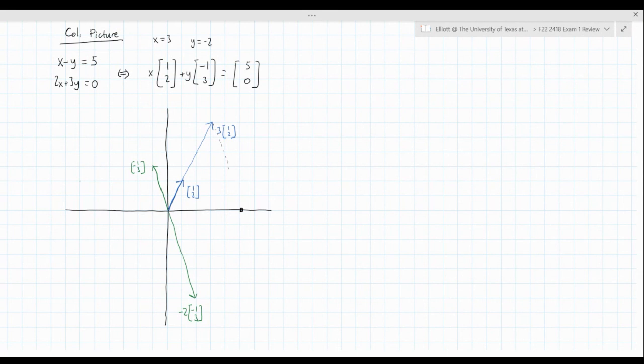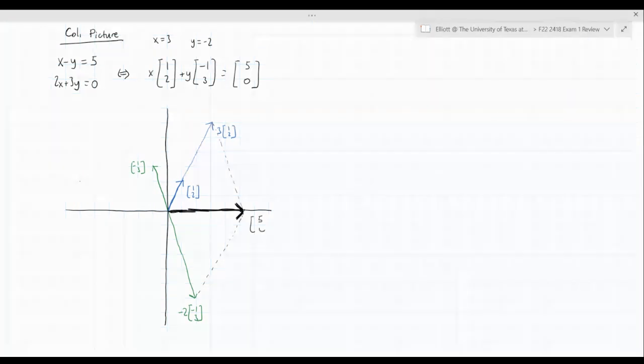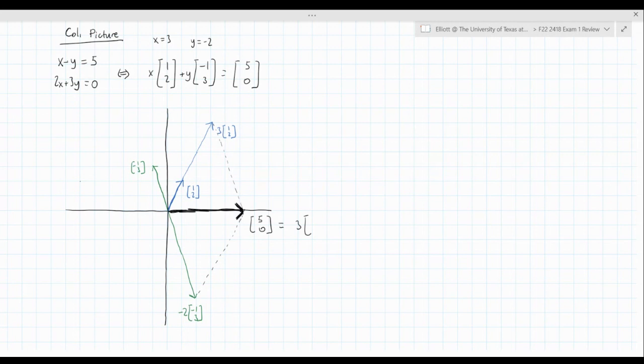So if we were to form a parallelogram now with these two vectors, you can kind of cheat a little bit just to make sure that your picture looks decent. And then this vector here, the diagonal of that parallelogram, would be the sum of the two vectors, and you can see that it is equal to 5, 0, okay? So this is what the column picture looks like. This is showing how this particular linear combination of the two columns will be equal to the vector on the right-hand side of your equation, okay?